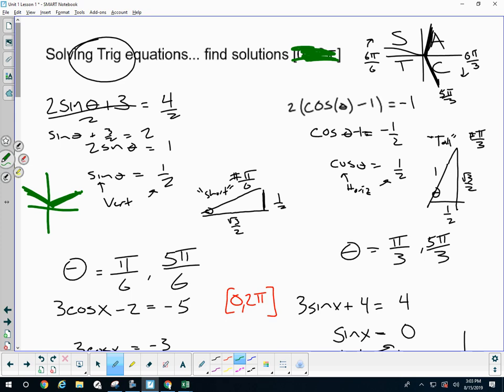Just how 0 and 2 pi end up in the same spot. Now, if I add 2 pi to pi over 6, what do I get? Well, let's think about that. 2 pi is the same as 12 pi over 6, plus pi over 6 gives me 13 pi over 6. That is technically a solution.